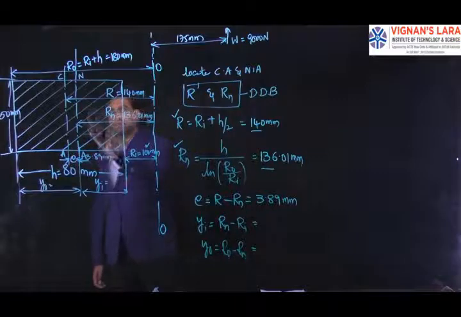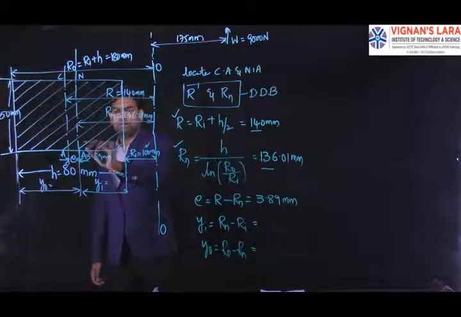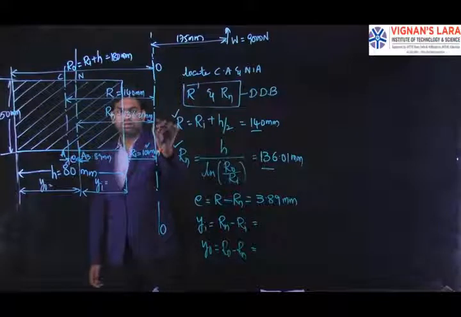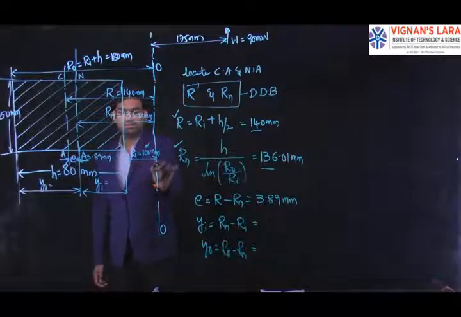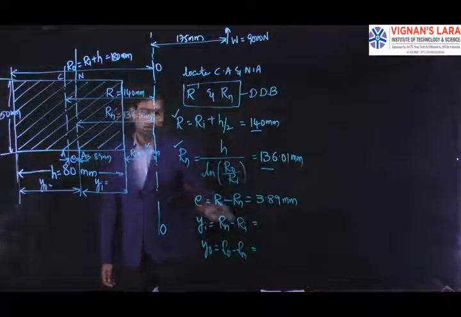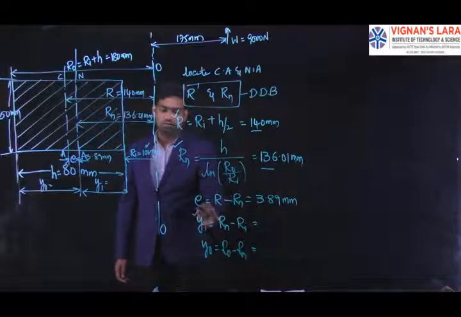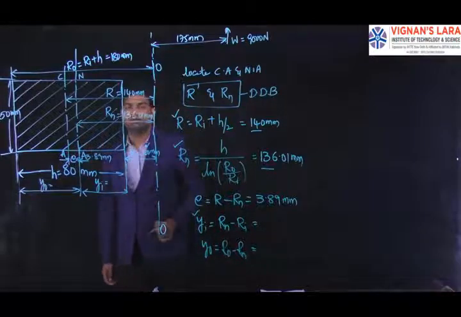So this is the neutral axis. Clear? We need to find the distance from here to here. We know the distance from the center of curvature to the neutral axis, that is Rn, and we know the distance from the center of curvature to the inner fibers. So I can subtract Ri from Rn to get yi, and similarly for y naught.